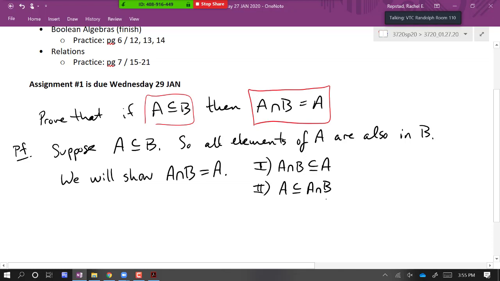A lot of these I don't think will take a lot of arguing, but we're going to cite a few facts and draw a couple of conclusions. So for the first one, we're starting with this one, we're going to show that A intersect B is contained in A. And this is almost by definition, really.